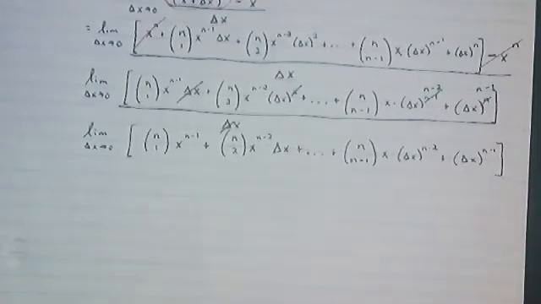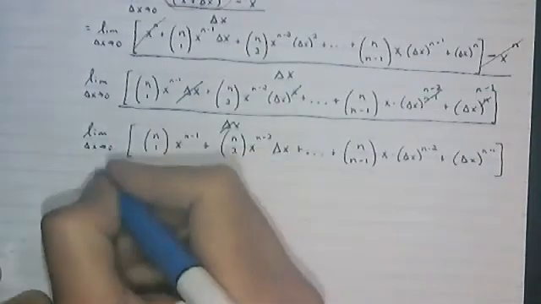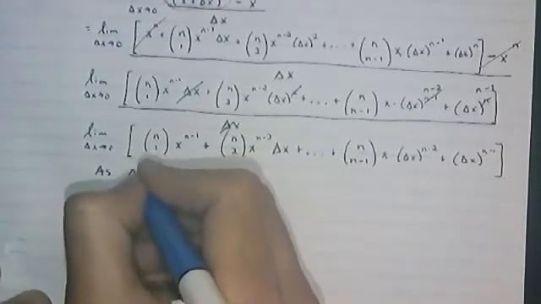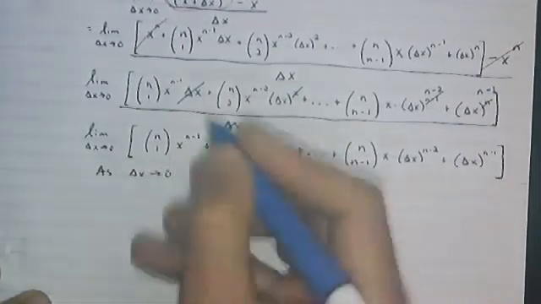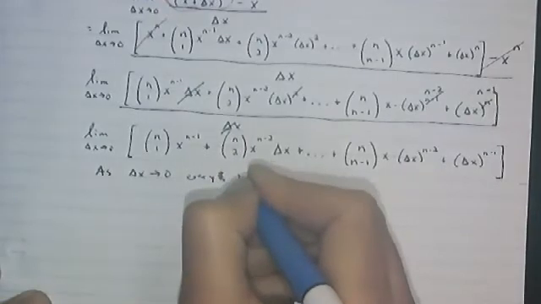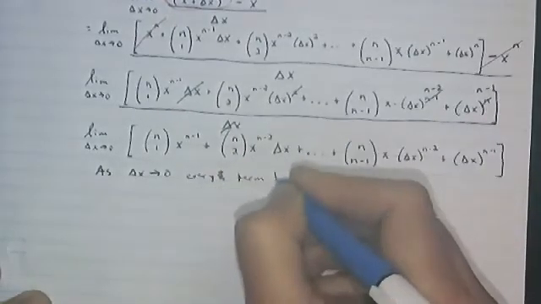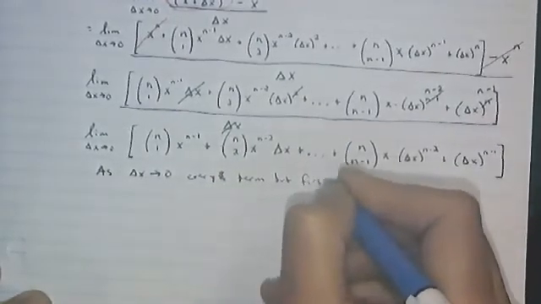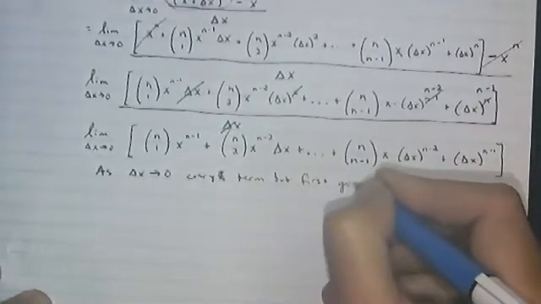So as delta x goes to 0, every term but the first also goes to 0.